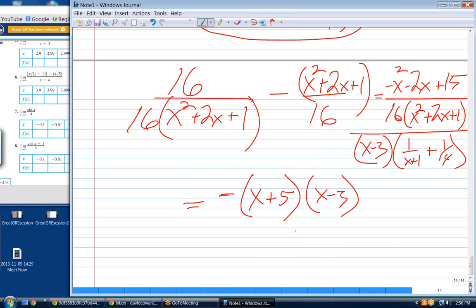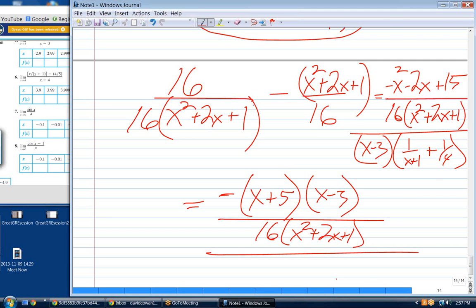Let's see. They're both over this. And this, I'm only going to write this part of it because this cancels. So I'm going to write 1 over x plus 1 plus 1/4.